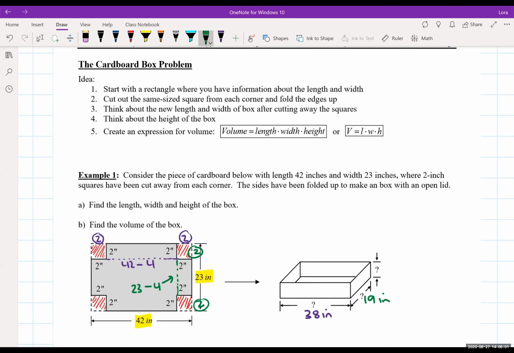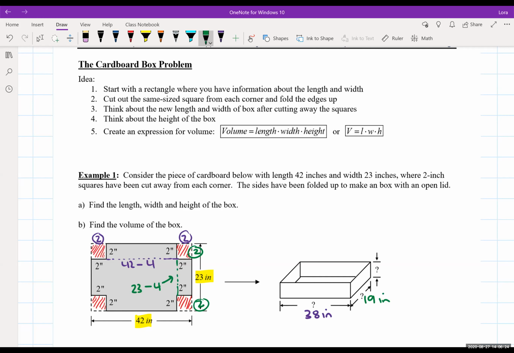So we're always coming up with the new dimensions once we have cut off those squares and folded the sides up. The other interesting part is to understand you just went from a 2-dimensional figure, a flat piece of cardboard, to a 3-dimensional figure, a box. You will have one more dimension besides length and width: your height.